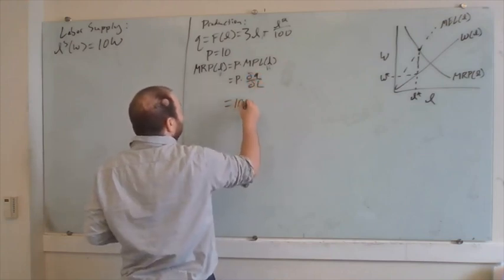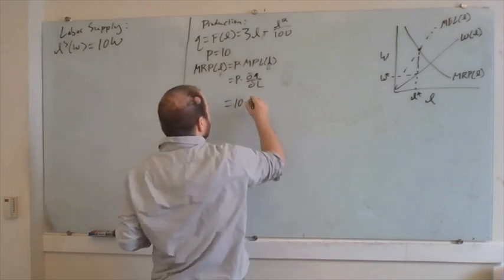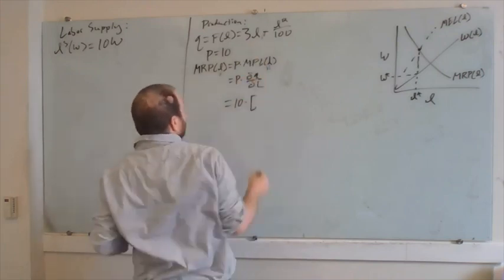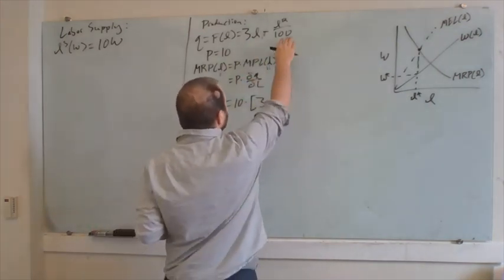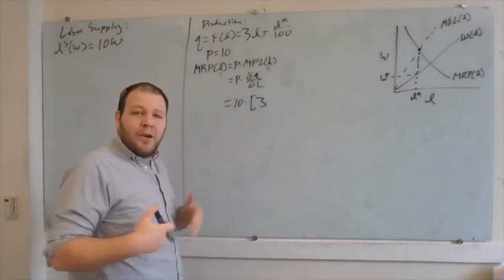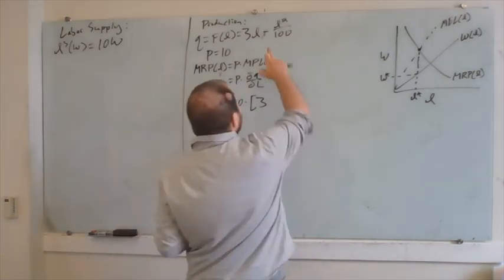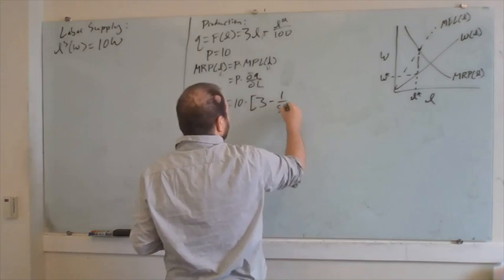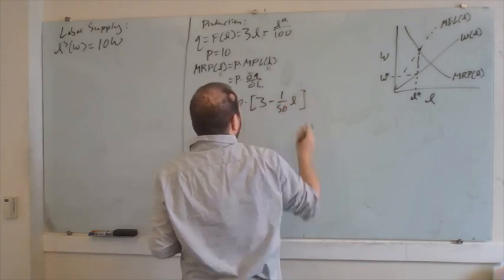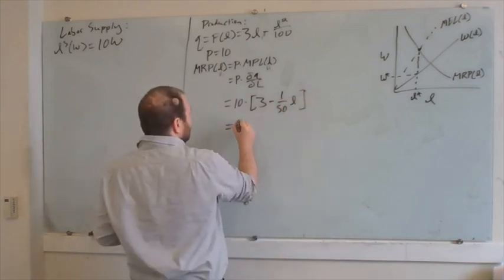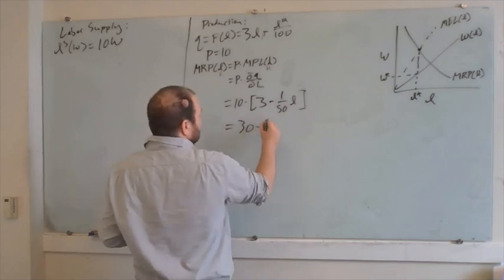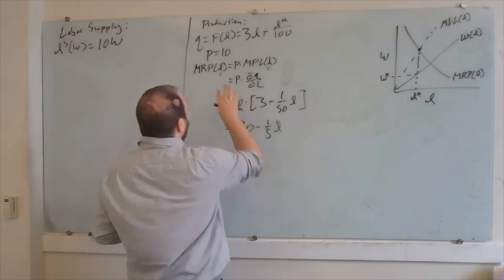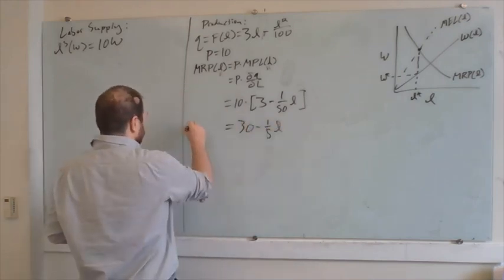This is just going to be 10 times the derivative of this thing with respect to L. Derivative of 3 with respect to L is 3. Derivative of negative L squared over 100 with respect to L is, of course, negative 2 times L over 100, so minus 1/50th times L. Make sense? So we're going to get 30 minus 1/5 L as our marginal revenue product.